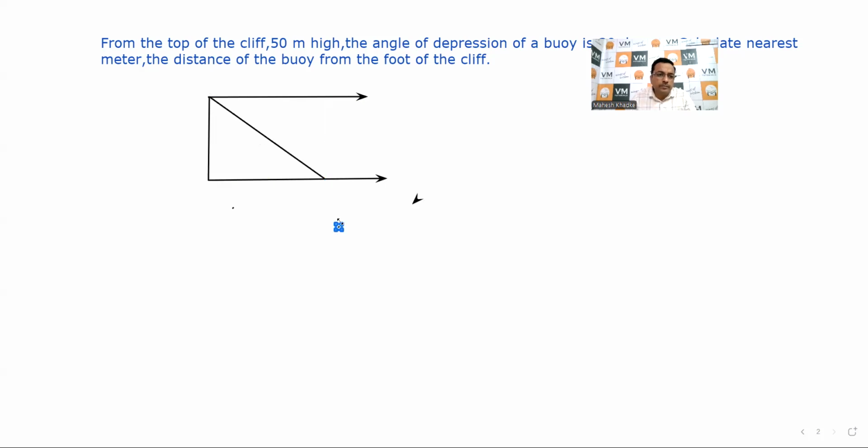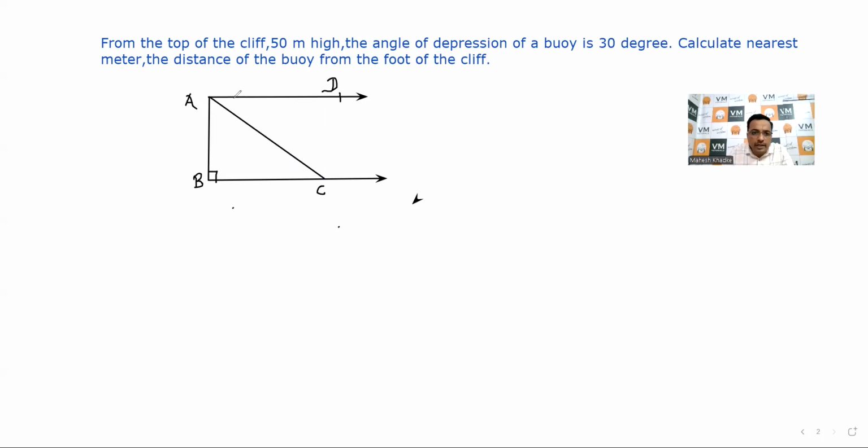Okay, so this is A, this is B, 90 degree, this one is C, and just give this point is D. Okay, see this one is the angle of depression, and this angle of depression is 30 degree, so this one is of 30 degree.